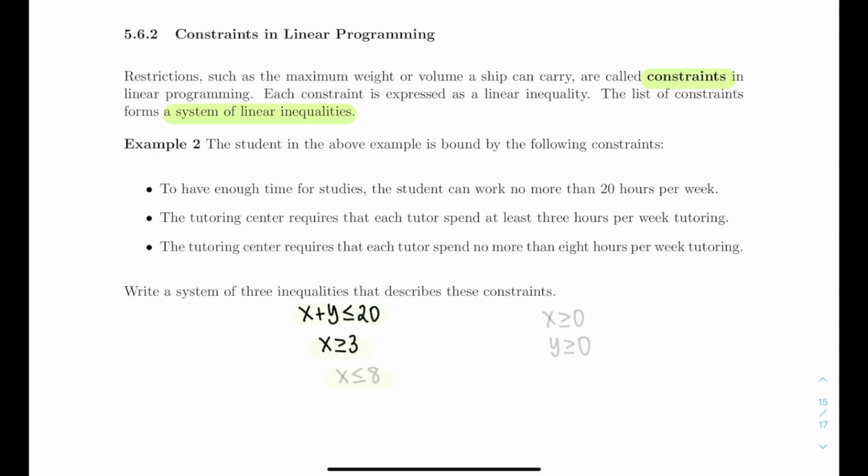So that's a maximum of 8 hours. So X cannot exceed 8. And just as a side note, since we're talking about hours here, both X and Y are going to have to be greater than or equal to 0 because we can't work negative hours.